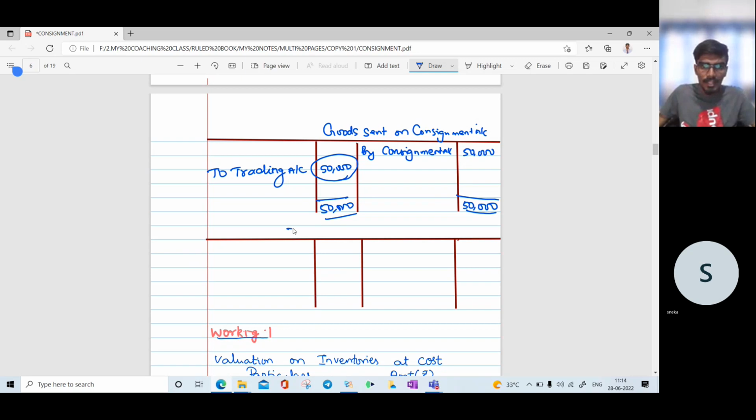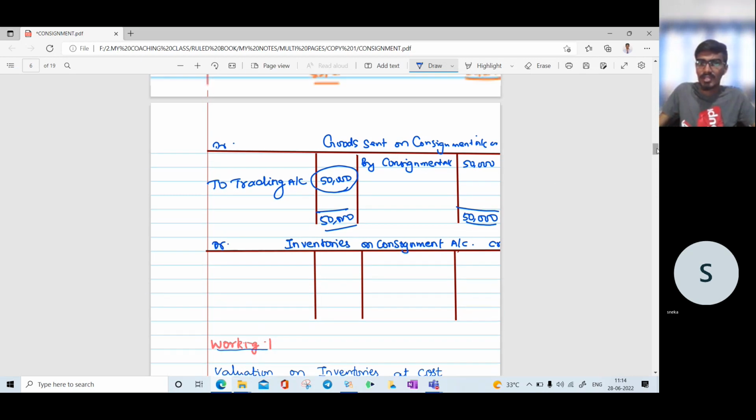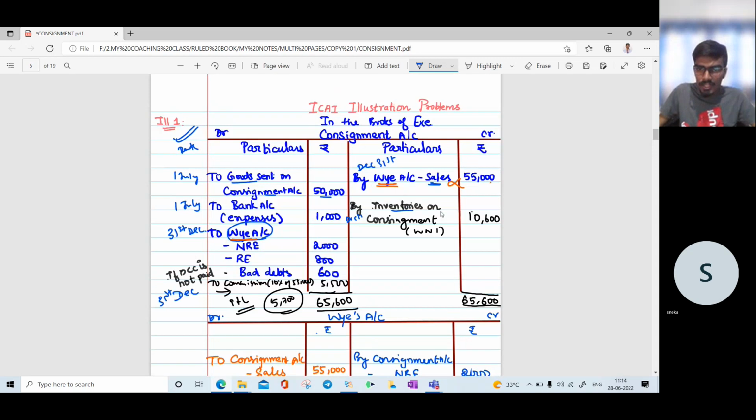Finally, in our book there is one new thing, that is inventories on consignment account. Like goods sent on consignment account, there is an inventories on consignment account. You can use the formalities debit credit. It is also very simple. Here on the credit you are using 10,600.